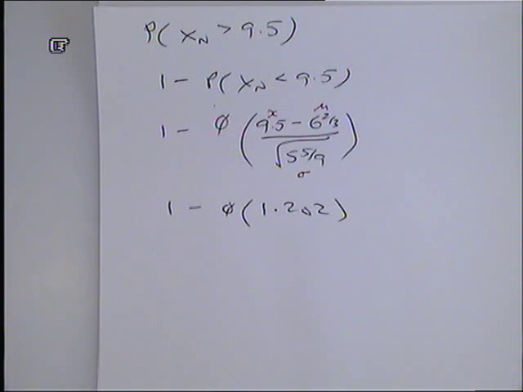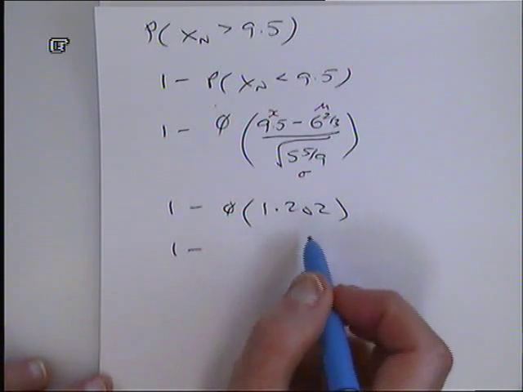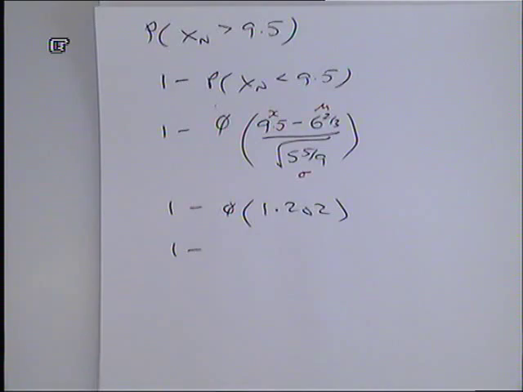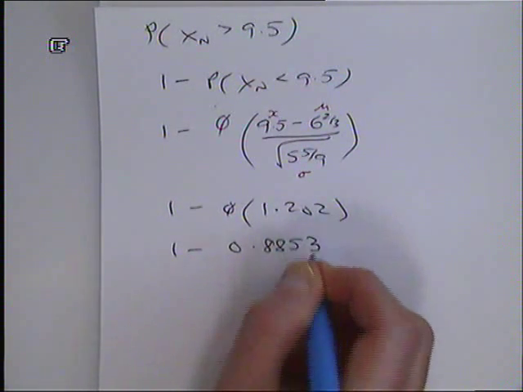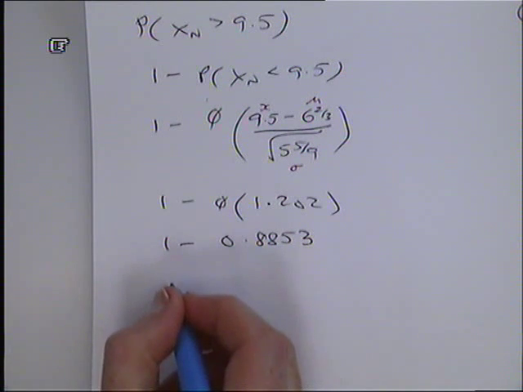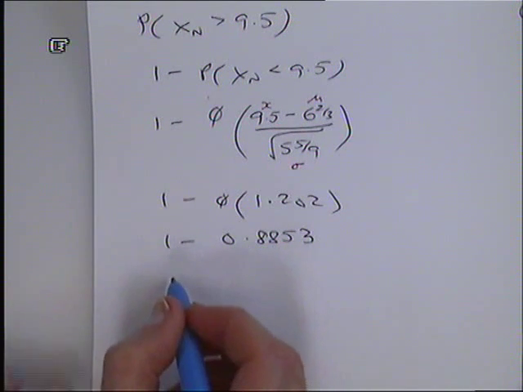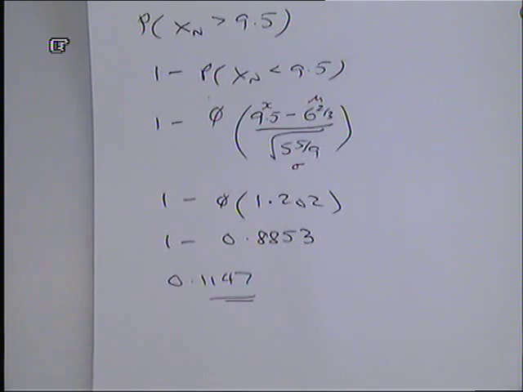You then need to go to your tables and find what phi of 1.202 is. 0.8853, says Mr. Lomax, and he is correct. Hopefully you could all find that in the tables. And then you do your subtraction and you get a final answer of 0.1147. Okay. So we'll look at more of these next time.